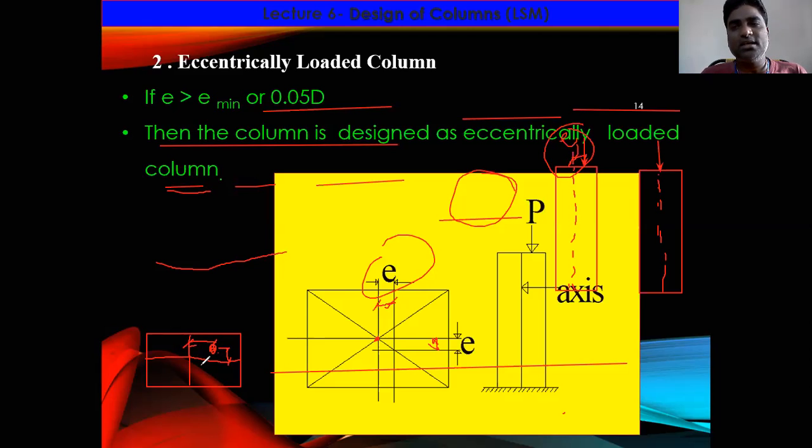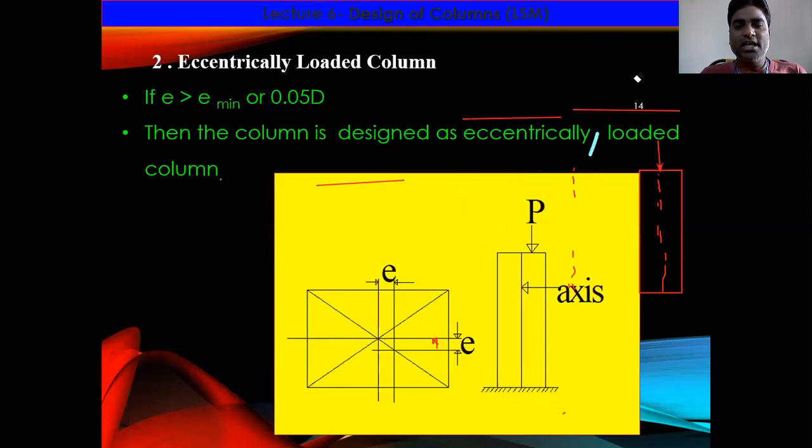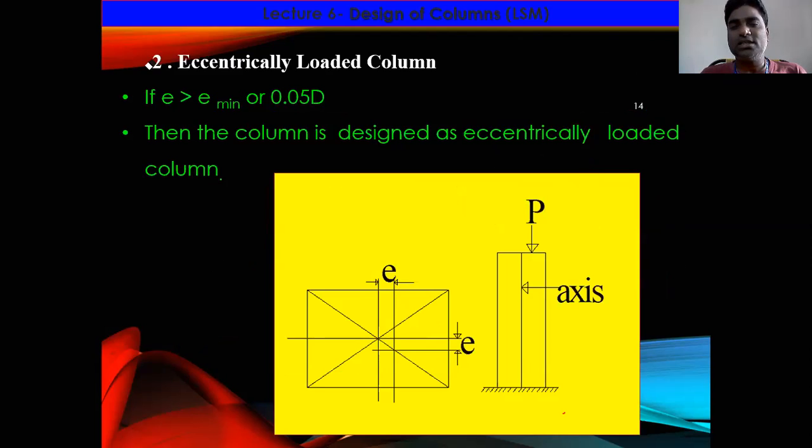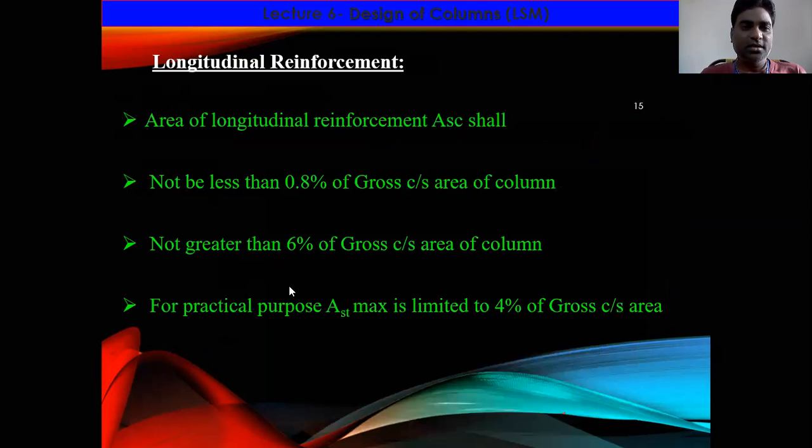That is Mx and My will come into the picture. Therefore, the design of this column is different from the axially loaded column. So while designing, you need to check whether it is an eccentrically loaded column or an axially loaded column, right? In an axially loaded column, as per IS 456-2000, we can allow only up to a maximum of 20 mm eccentricity, right? If it exceeds, then you have to design as an eccentrically loaded column, right?